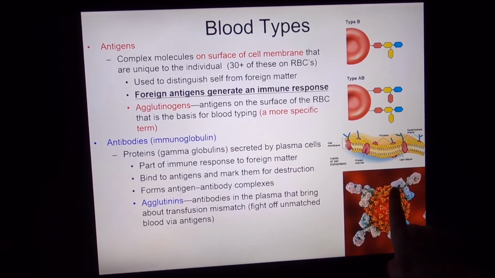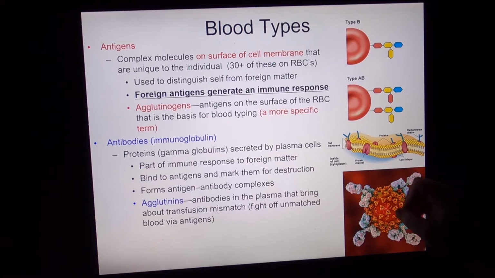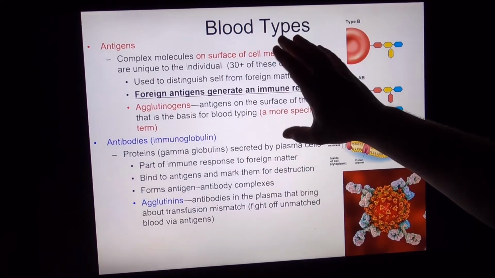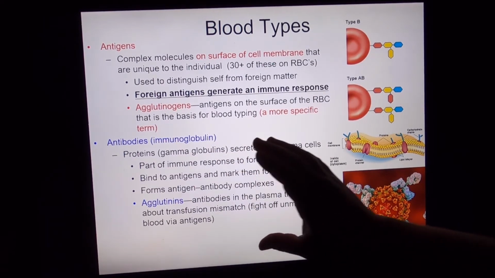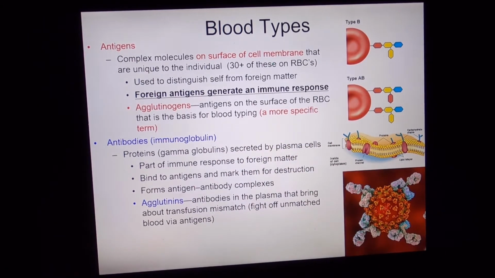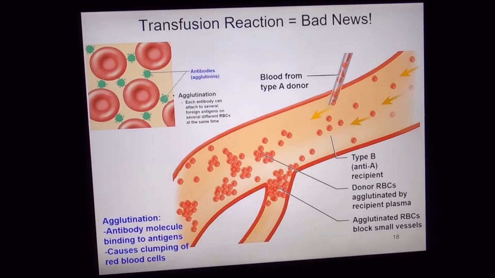And these are antibodies that have picked up those surface markers, recognized this cell as being foreign, and marked it so a big macrophage can come through and destroy this thing. Okay? So antigens are surface markers. Antibodies are in your plasma. They are part of your immune system. Good. So what do these do?